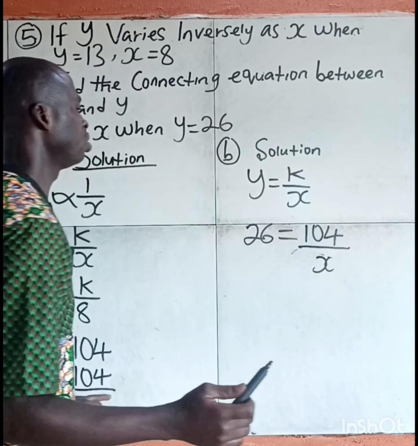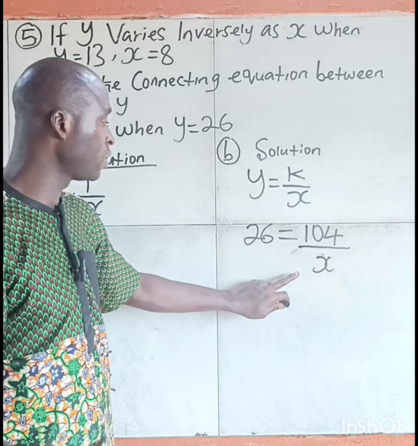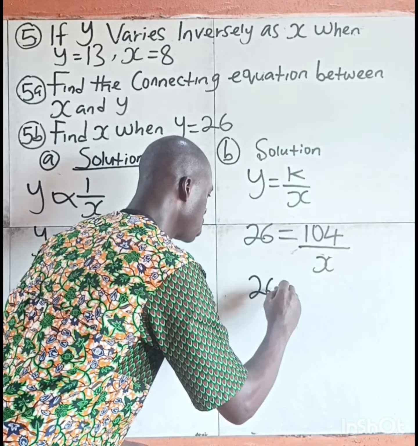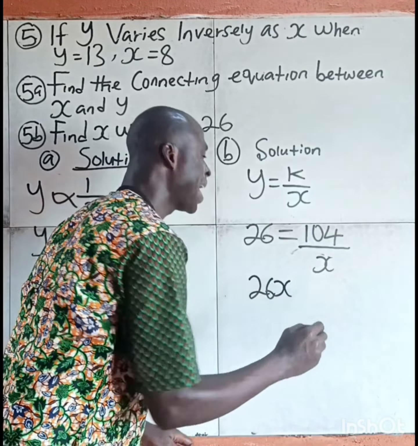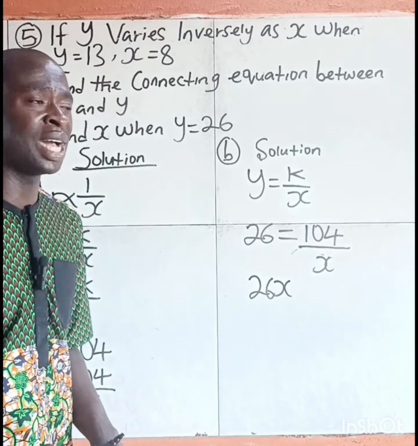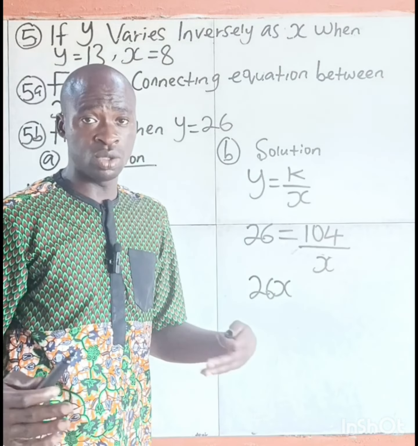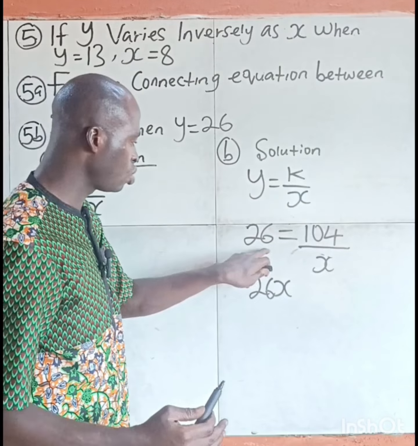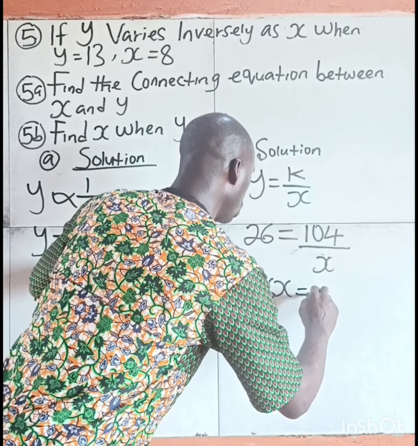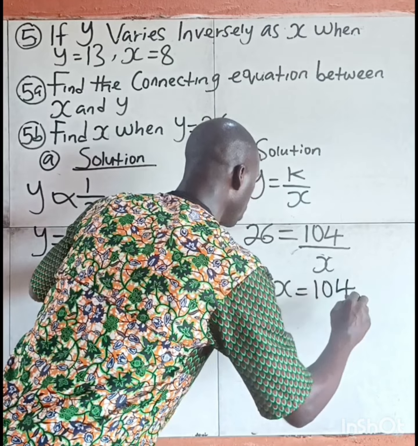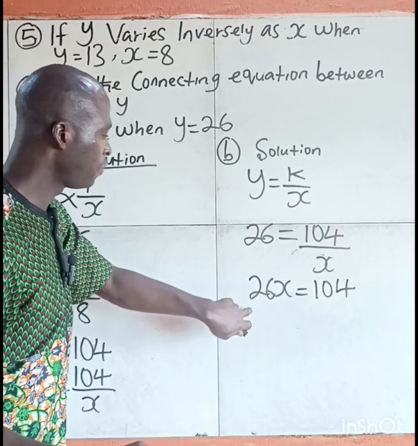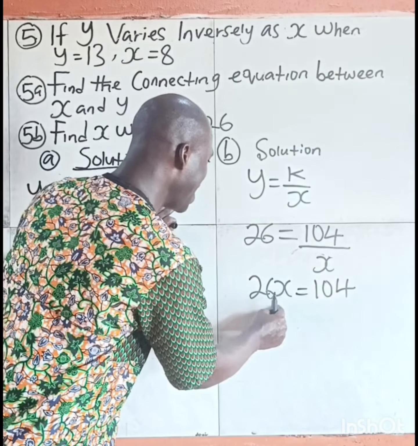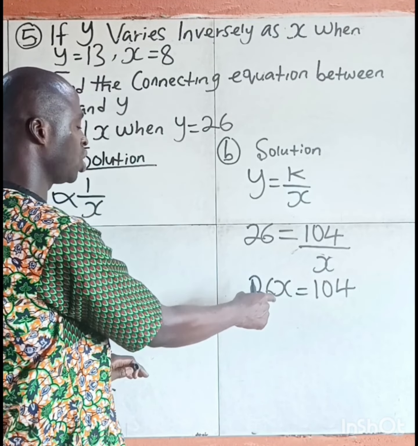So now from here, we are going to cross multiply. x times 26 will give us 26x. Remember, I did say earlier on in mathematics, if you are being asked 2 times x, you say 2x. x times 2, you also say 2x. So x times 26 is 26x equal to 104. Now we are going to divide both sides by the coefficient of x, meaning we are going to divide here and here using the number in front of this x, which is 26.